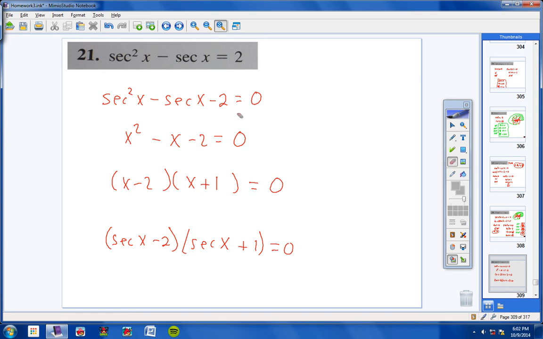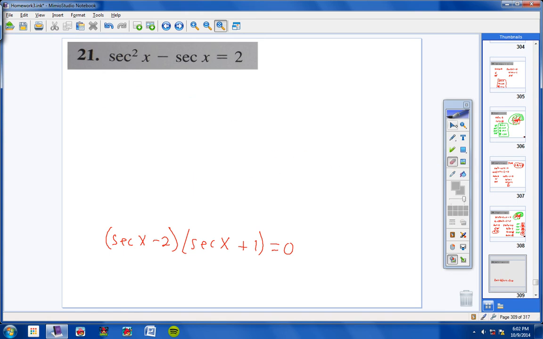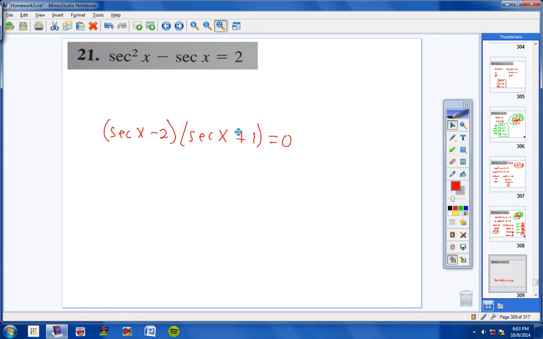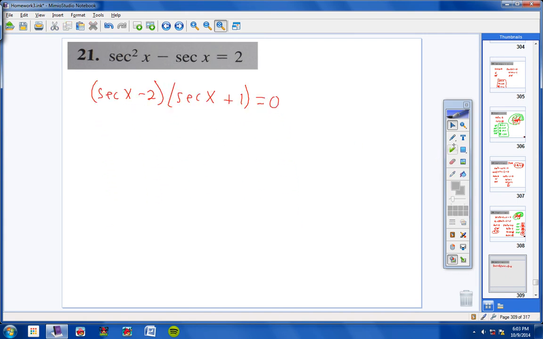So let's get rid of this, get some space going here. And here we go. Let's take our first group here and set it equal to 0. Let's take our second group here and set it equal to 0. Here we go. Bring the negative 2 over and make it positive.